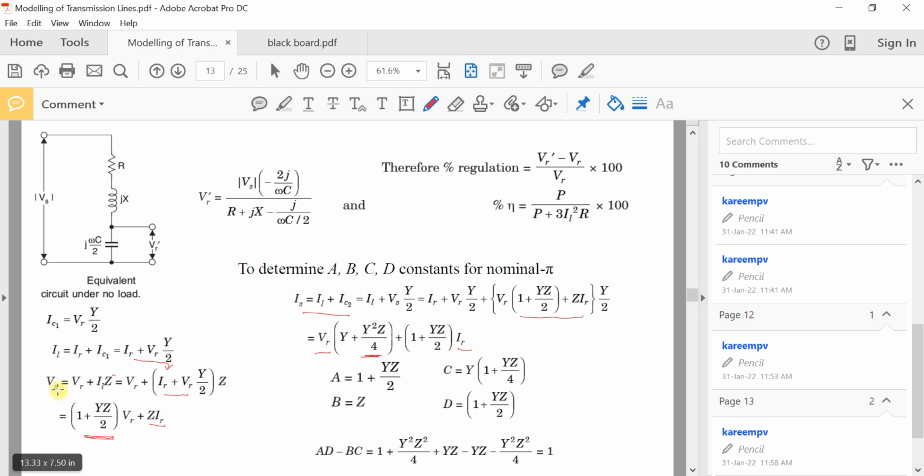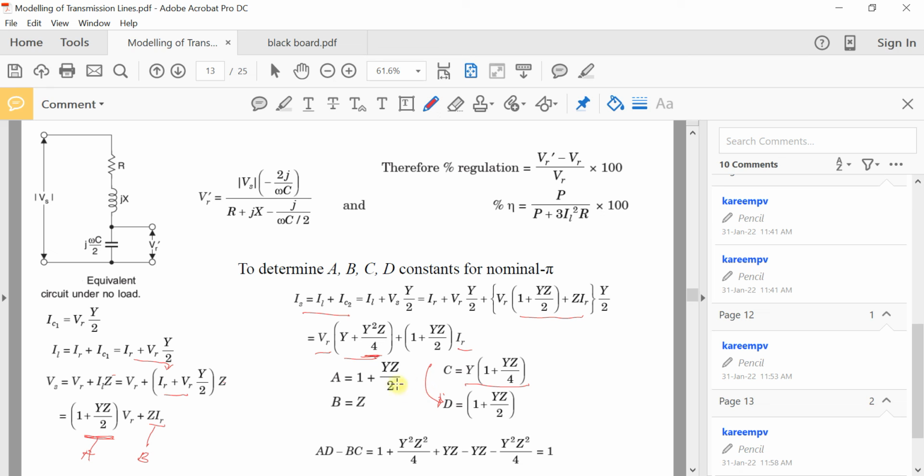That means if you compare with the original equation, Vs is equal to A VR plus B IR, this will be the expression for A, and this will be the expression for B. Similarly, Is in terms of VR and IR, this will be the expression for C. That is, if you take Y as a common factor, C is Y into 1 plus YZ by 4, and this is D. So you can get the expression for the A, B, C, D parameters when the medium length transmission line is represented as its nominal pi representation.